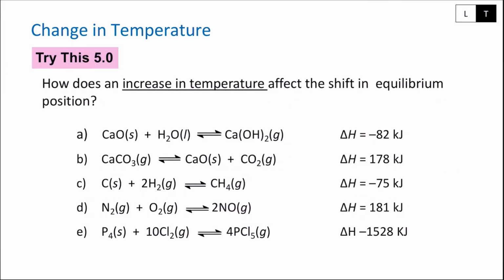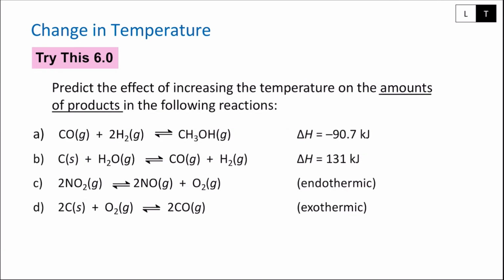So I leave it try this 5.0 and 6.0 for you as an exercise. So I hope all of you can understand macam mana kita nak apply dan explain based on Le Chatelier's principle about the effect of temperature on a system.